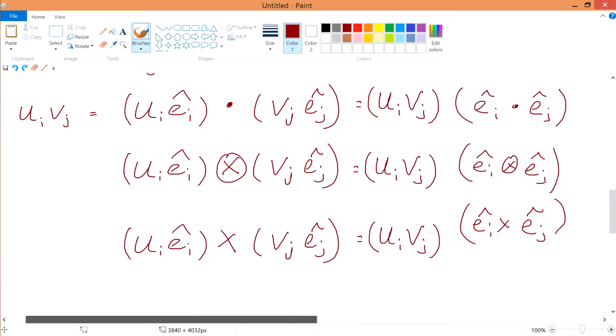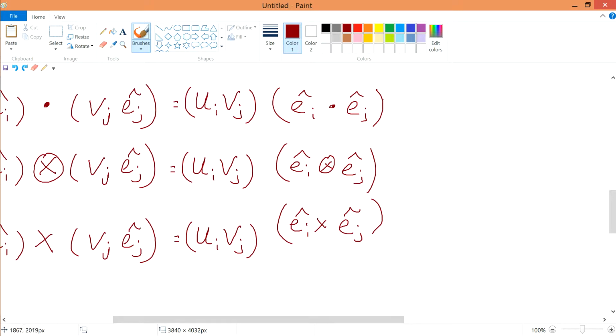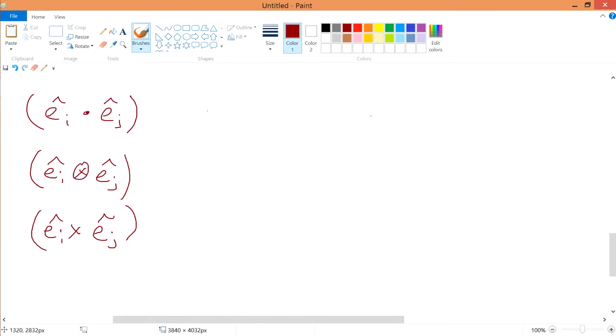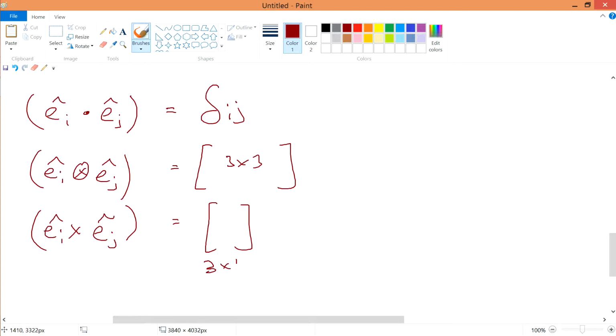Okay, when you conduct these certain operations, I can rewrite this form. Alright, let's extract. I can rewrite the dot product as the canonical delta. I don't need to rewrite this. This is just simply some matrix dependent on how many i's and j's. Okay, it's just 3 times 3. And then if it's a cross product, we have just a 3 times 1 matrix, I mean vectors.